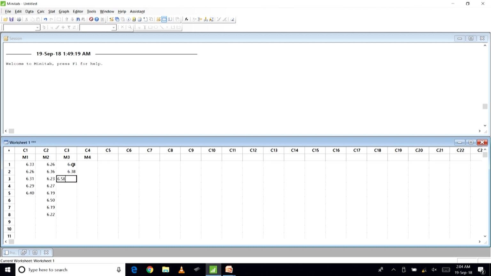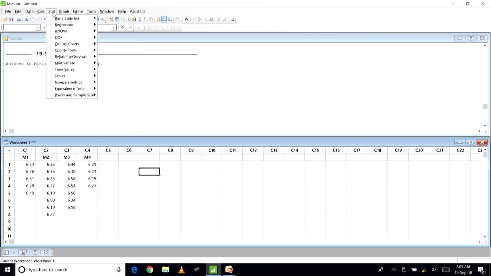So, this is how you should do data entry in all these 4 columns. 6.56, 6.34, 6.58. You have got 7 samples in column 3. Then you have got 6.29, 6.23, 6.19, 6.21. After that, go to Stat first, then ANOVA, one-way ANOVA.